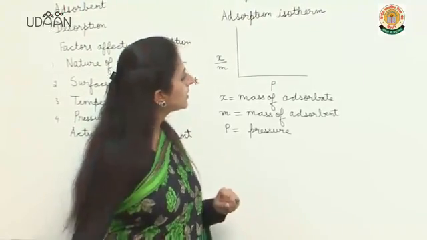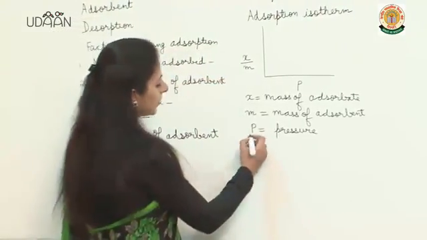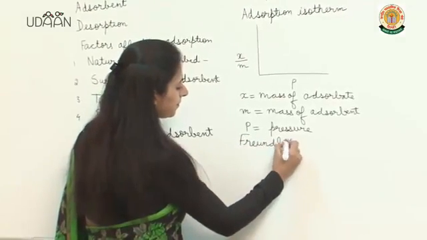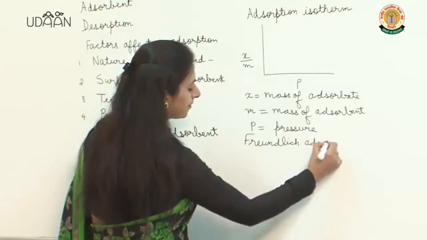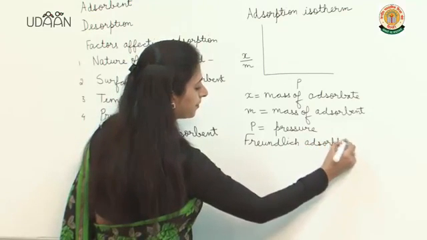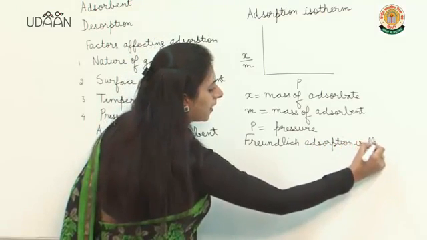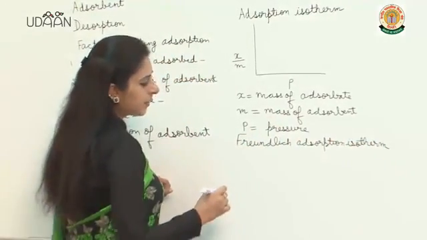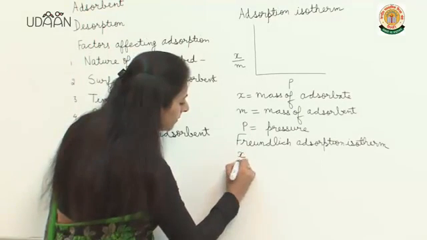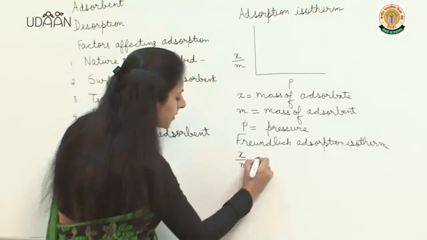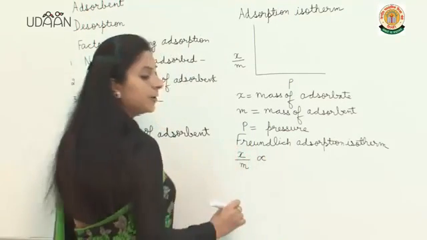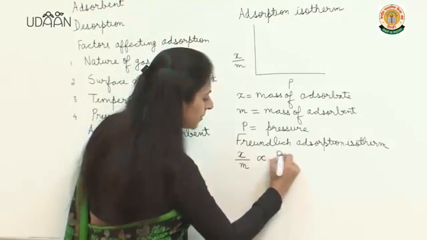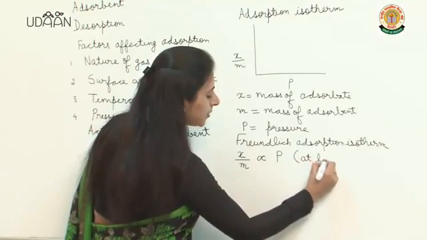Let us first understand the Freundlich adsorption isotherm. Now, according to Freundlich adsorption isotherm, when we take x by m at low pressure, we get x by m is directly proportional to P at low pressure.